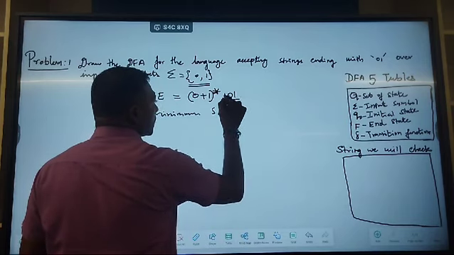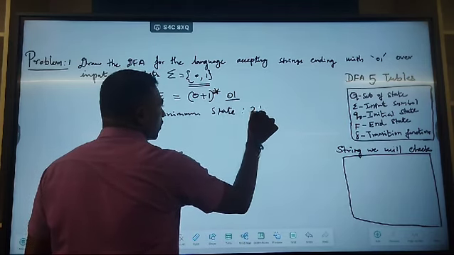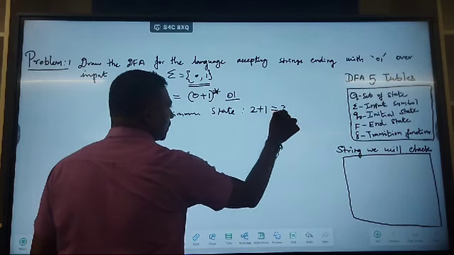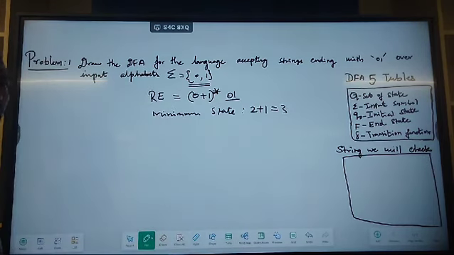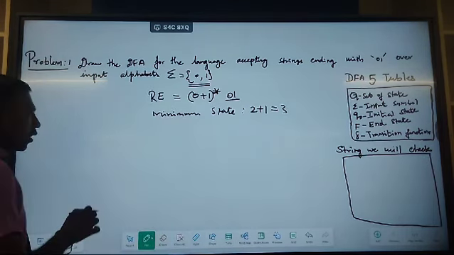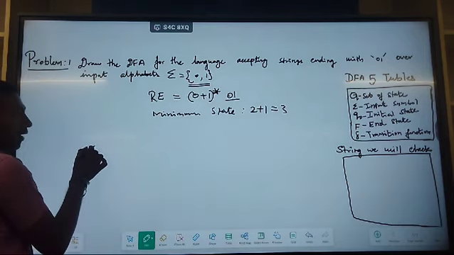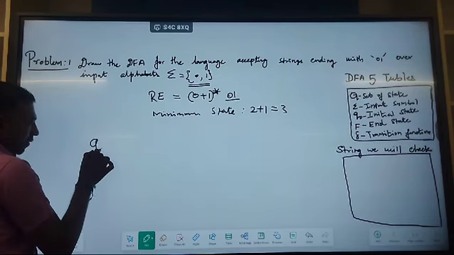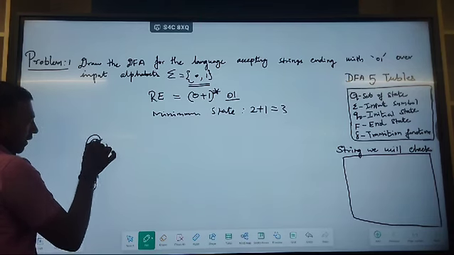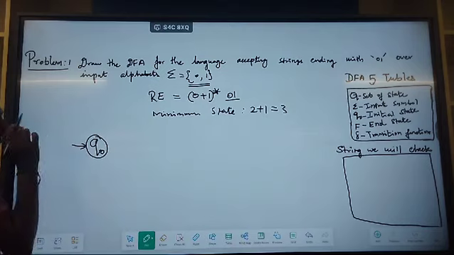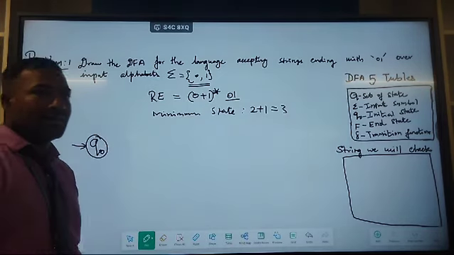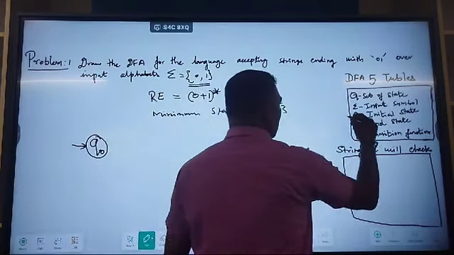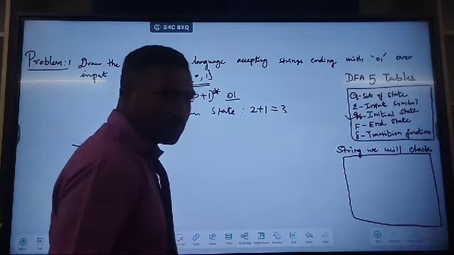So the length is 2, so 2 plus 1 equals 3. So now according to the minimum state requirements, Q0 is the initial state, the cursor indicating that is the initial state. So now tuple 1 is completed.